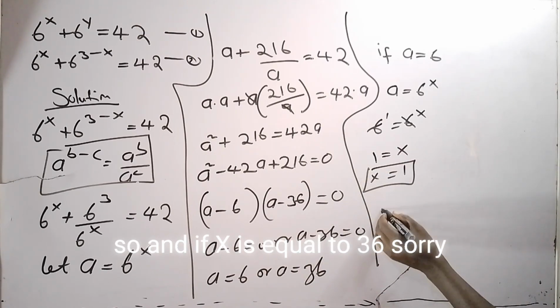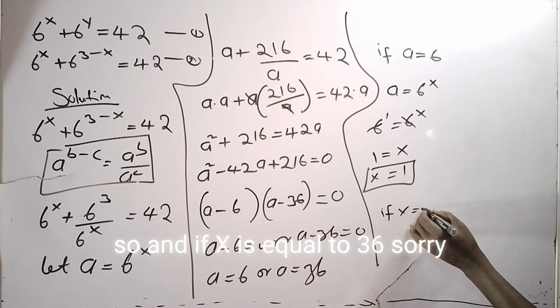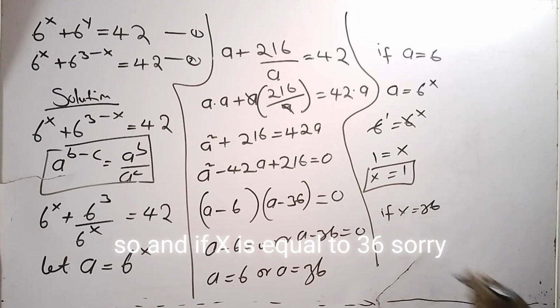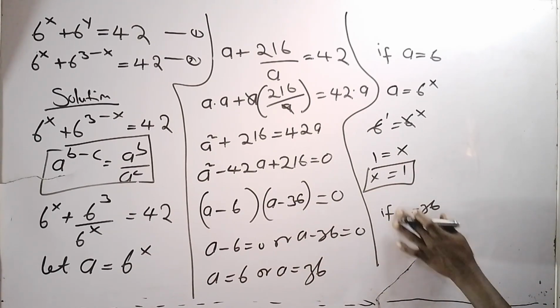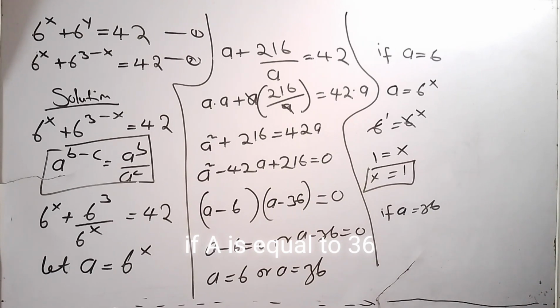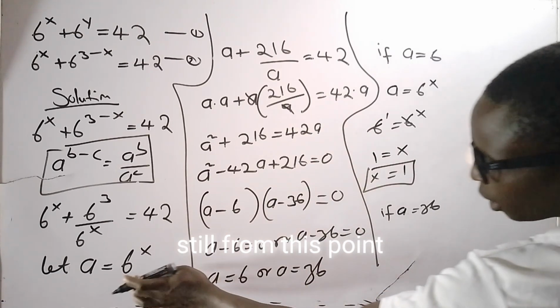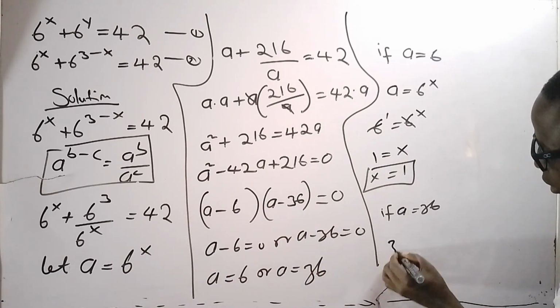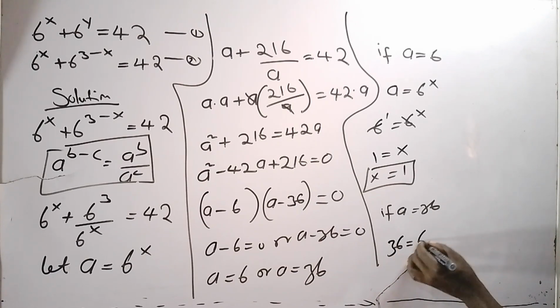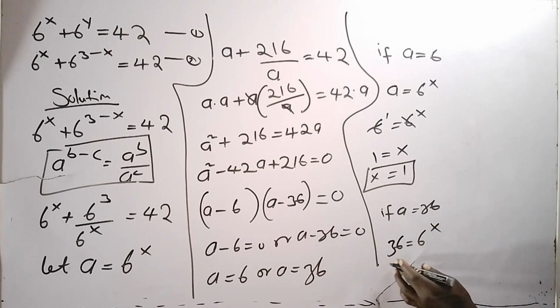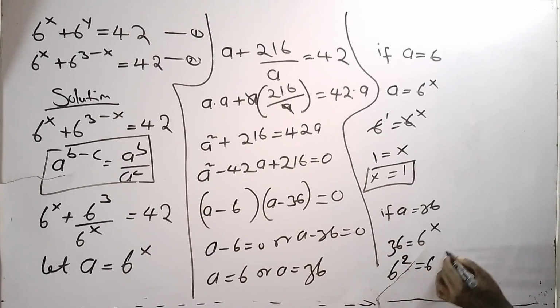So, and if a is equal to 36, still from this point 36 is now equal to 6 raised to the power of x. So this is 6 squared is equal to 6 raised to the power of x.